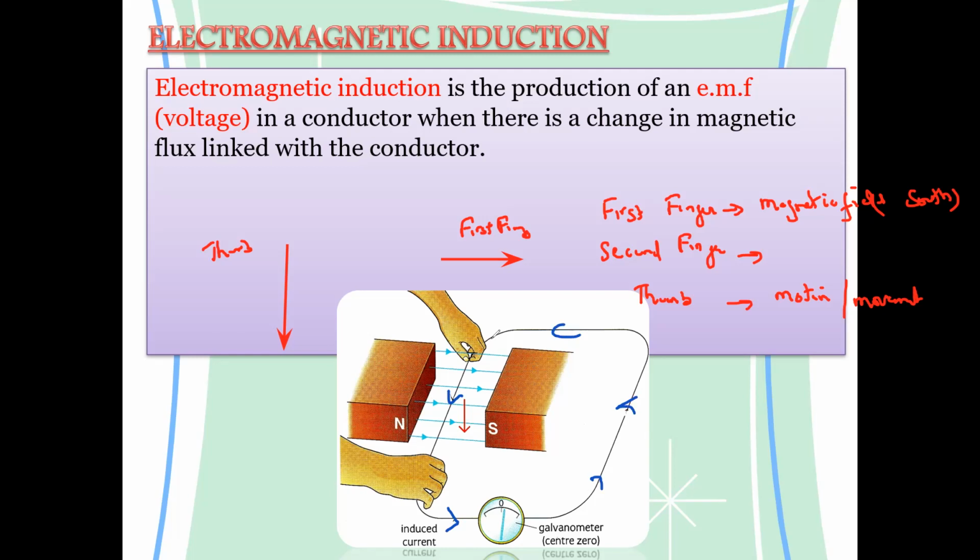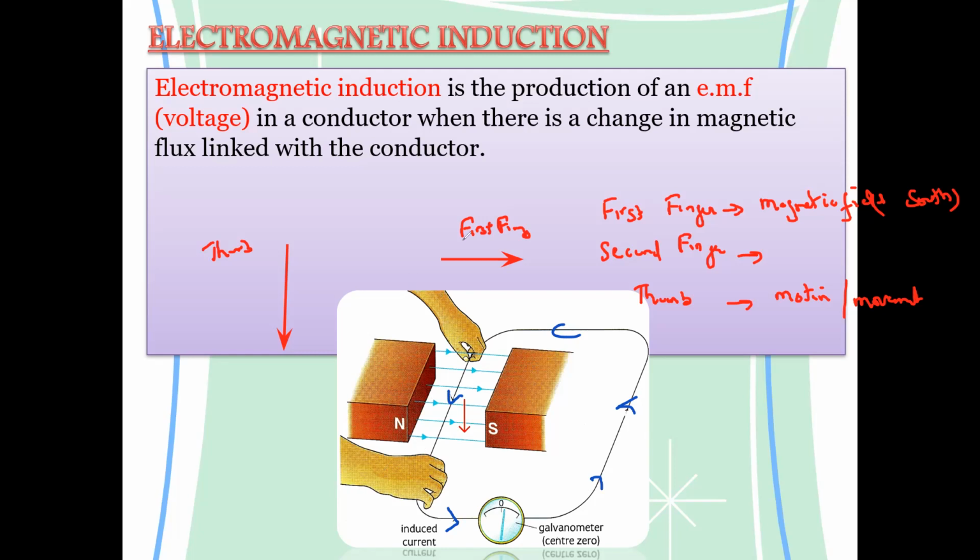You can apply the rule. You can use your right hand, your index finger represents the magnetic field toward the south pole. Your thumb should point downward because the wire movement is downward. And where your second finger is pointing, you will find it is pointing in the arrow direction I drew. So that means this is the direction of the current.